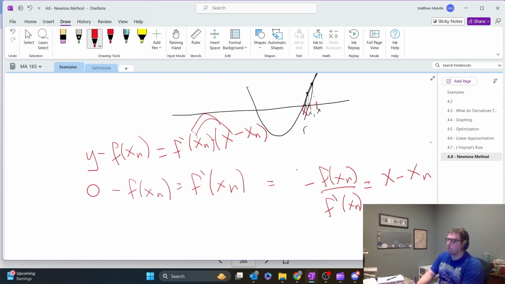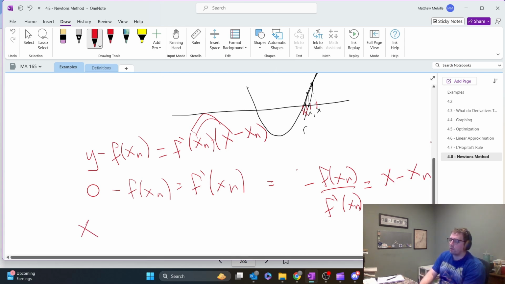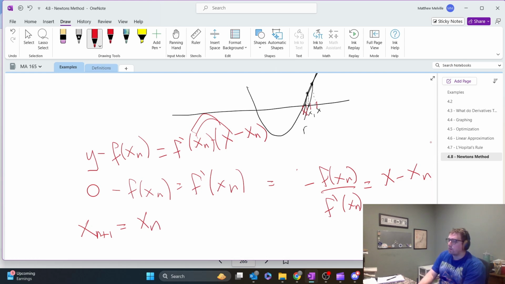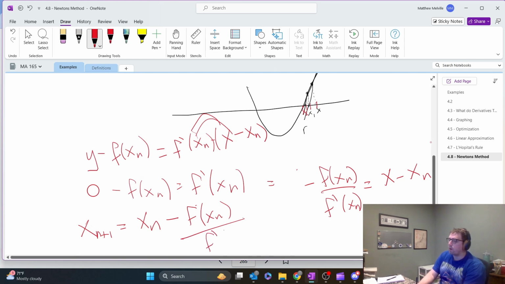So I add x sub n over and you get the next one, or x, we're going to call that n plus 1, equals x sub n minus f of x sub n over f prime of x sub n. And this is how I get my next value based on all my previous values.